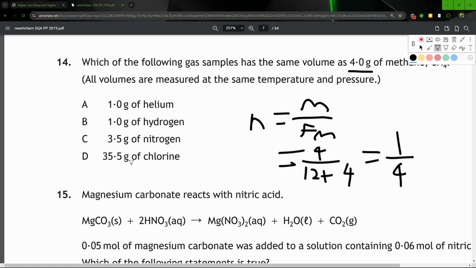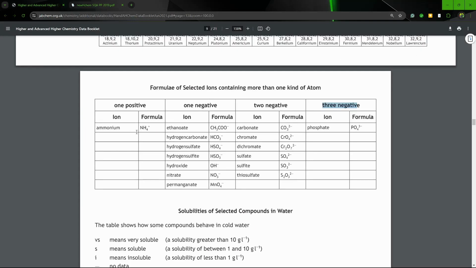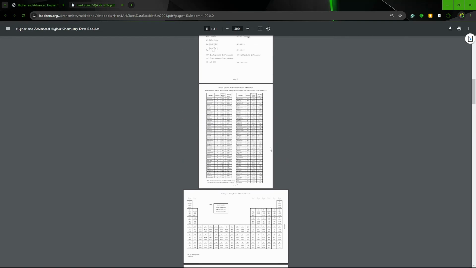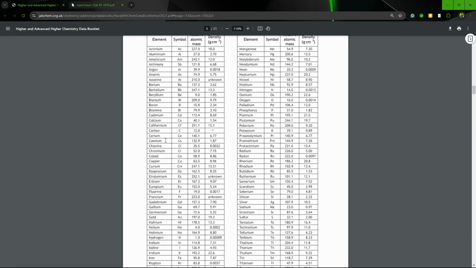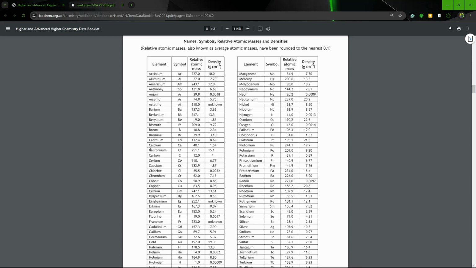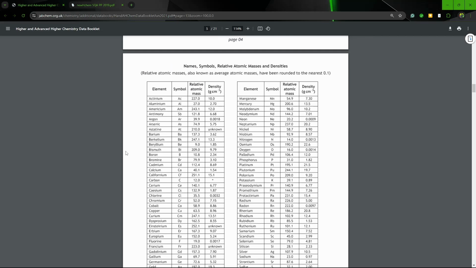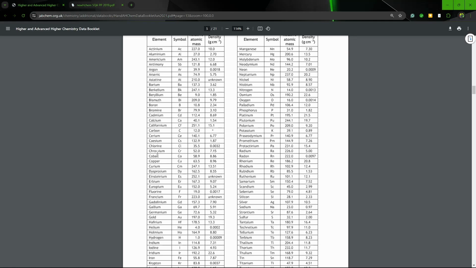So chlorine is 35.5, and we're going to go to our data sheet and find the mass table. So chlorine, remember, is diatomic, so each mole of it would actually be of 2 chlorine atoms. So we go over here.